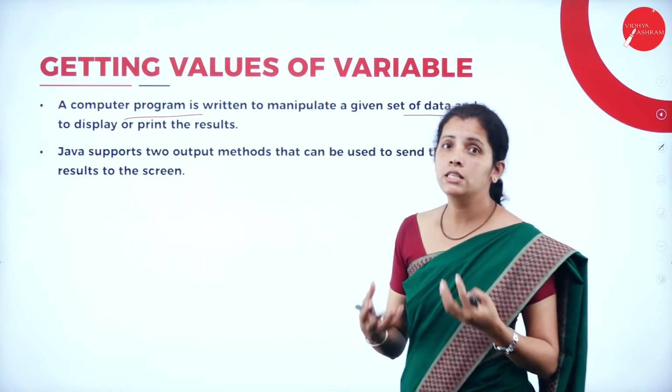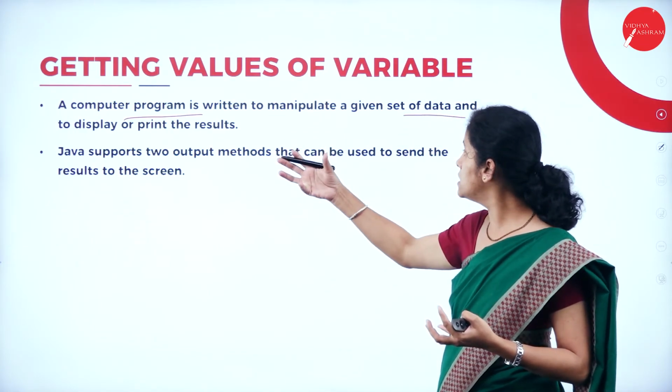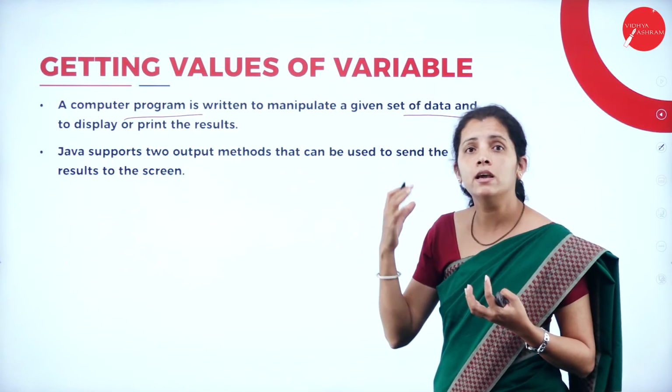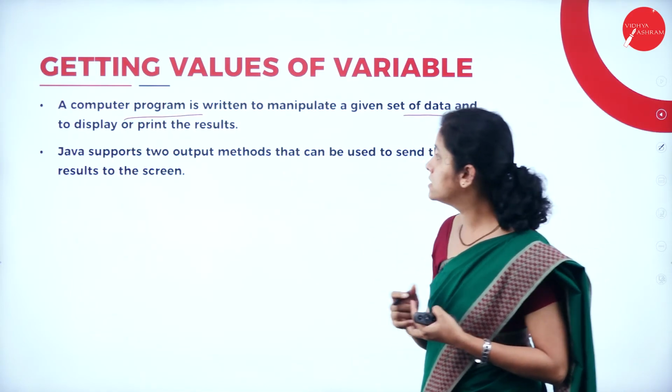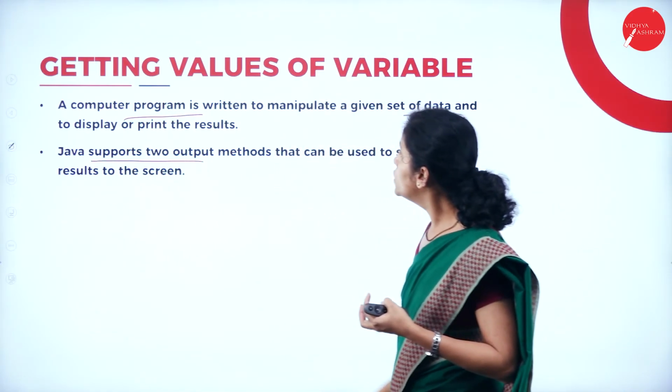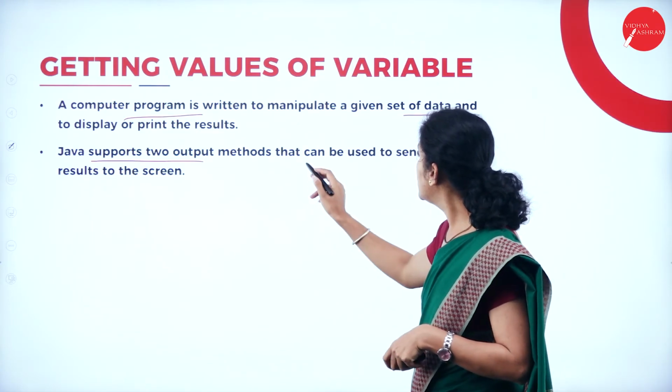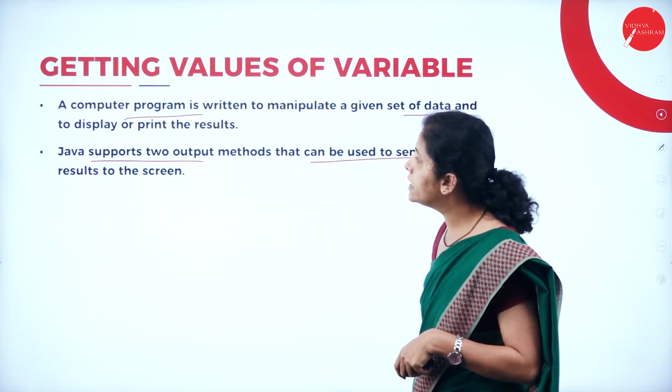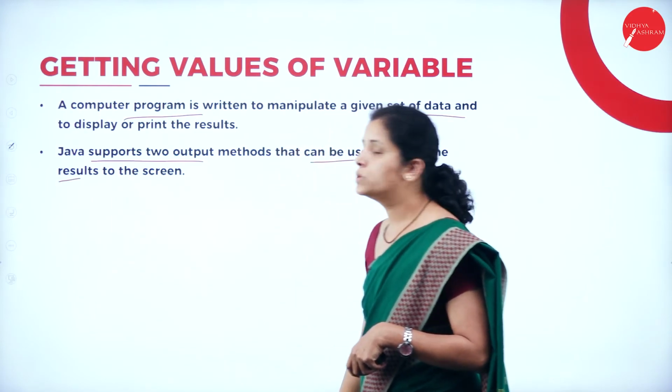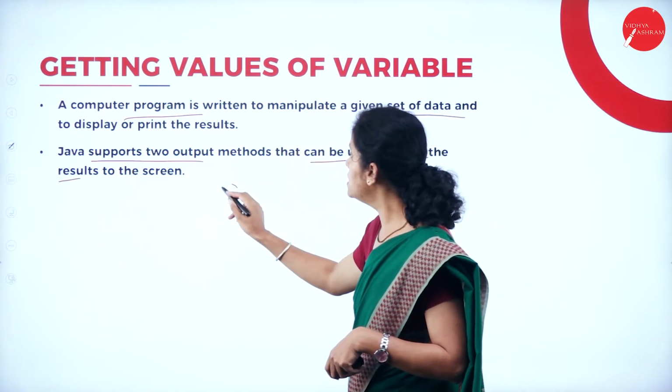To display or print the result, we have many built-in methods. Java supports two output methods that can be used to send the result to the screen.